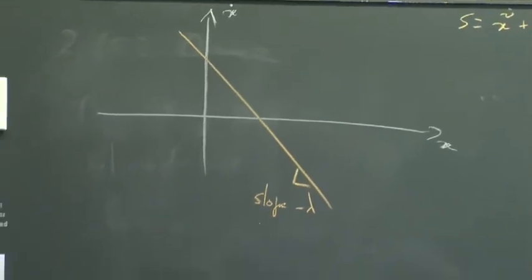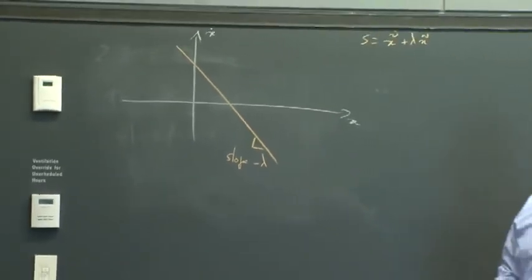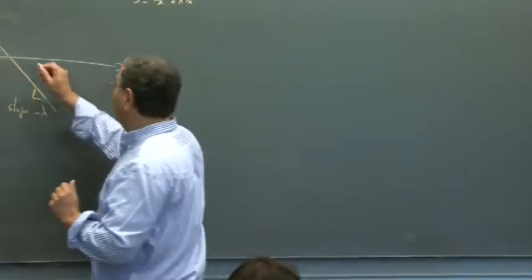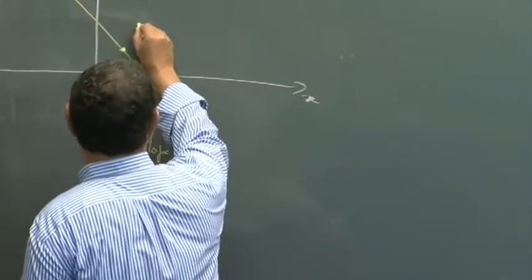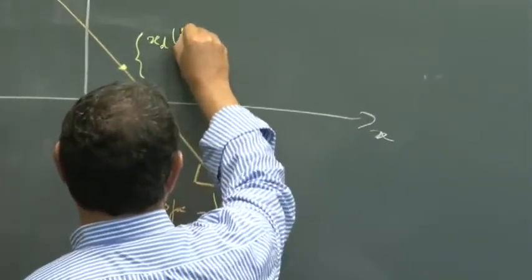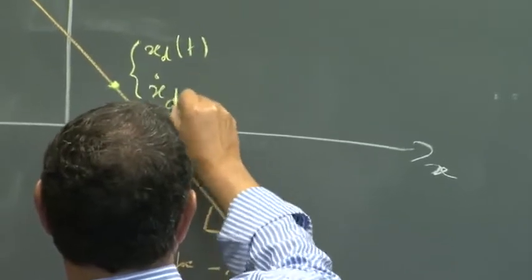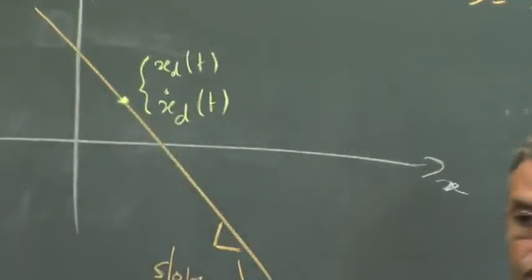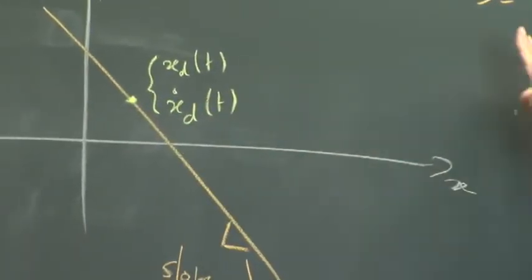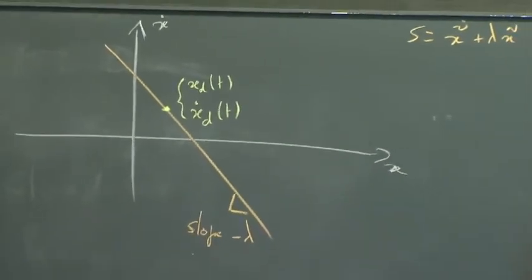But xd of t, xd dot of t belongs to this line, because then x tilde and x tilde dot are both 0.